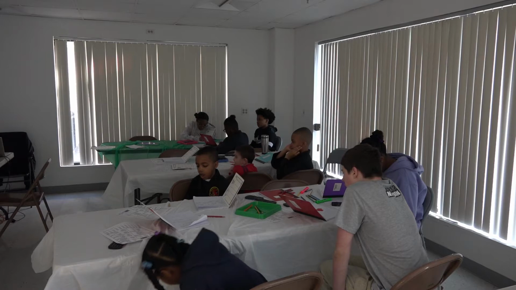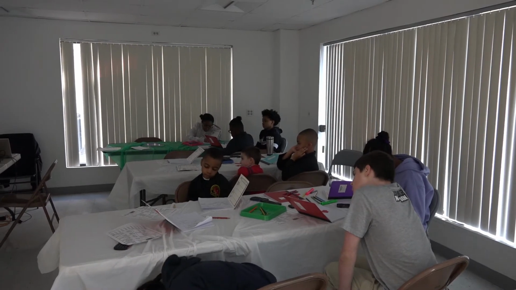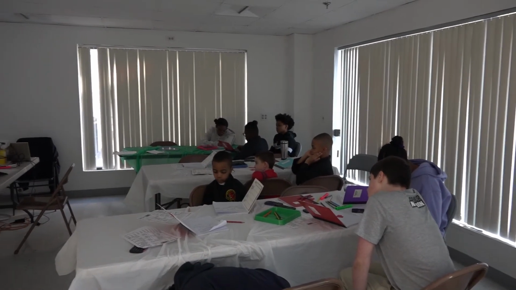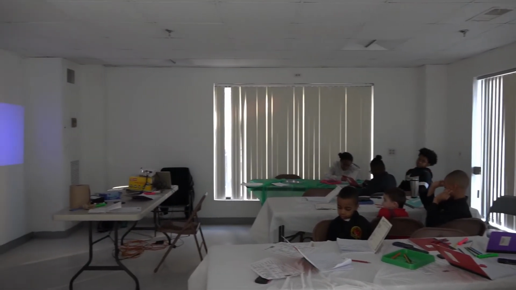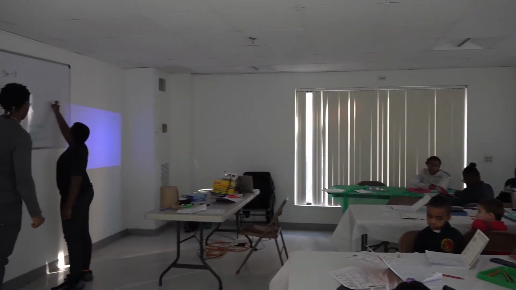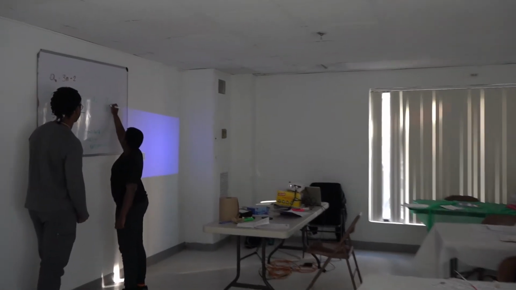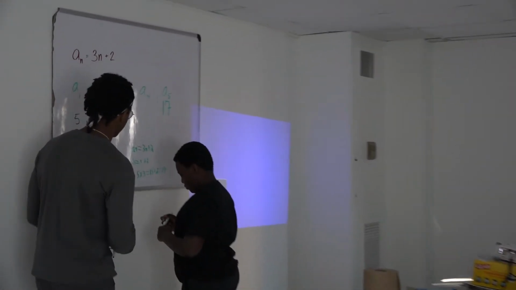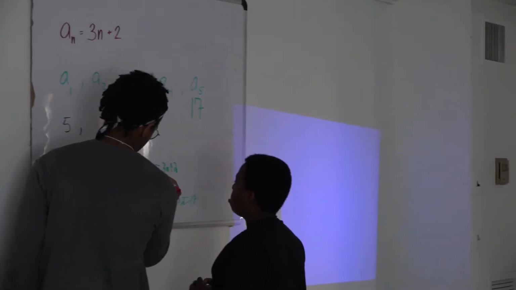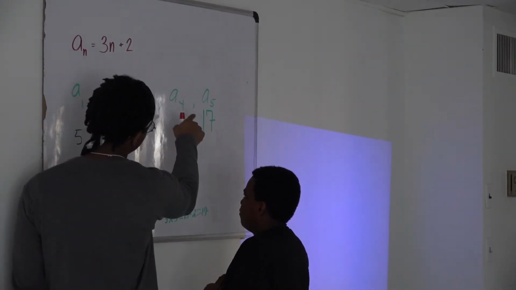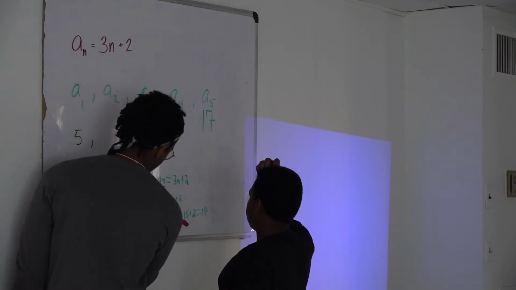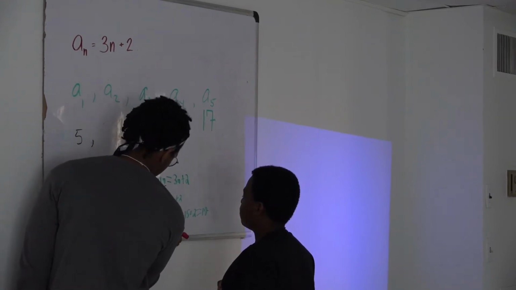Right. So now, 17 is A5. Because remember, from here, we had AN from the equation, and you wanted A5. So you plugged in 5 anywhere there was an N, and that immediately gave you A5.